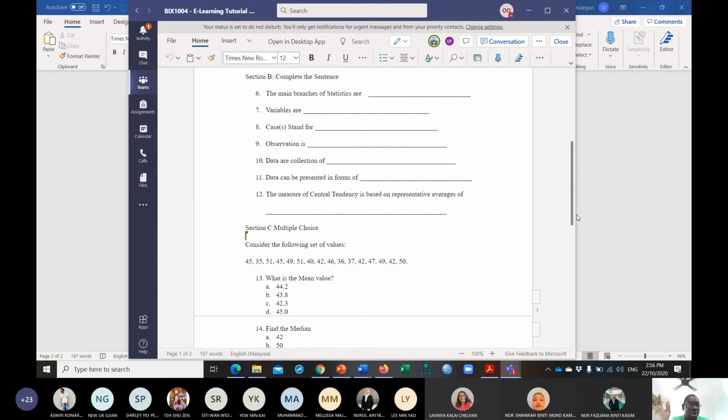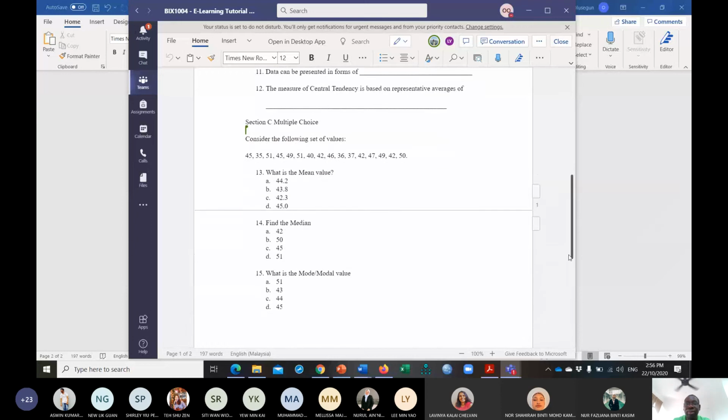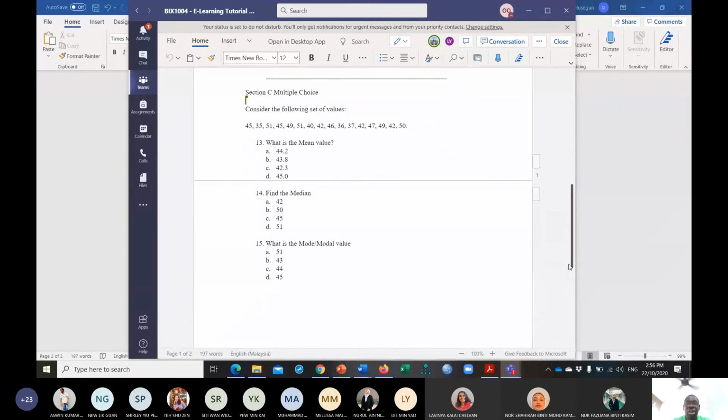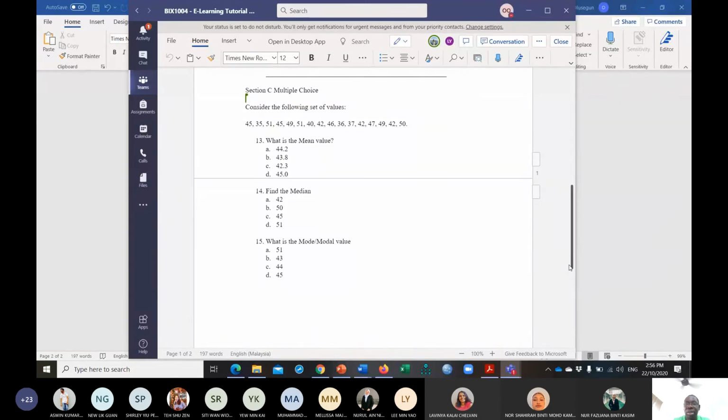Yes. Okay, good. So section C. Just 3 questions, okay? Section C. So this is a set of values. What is the mean?